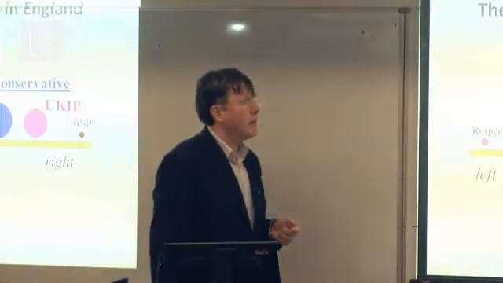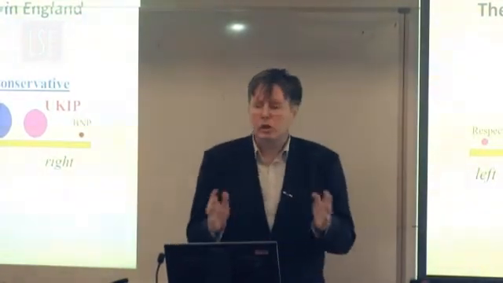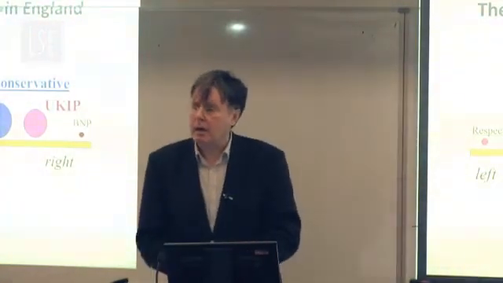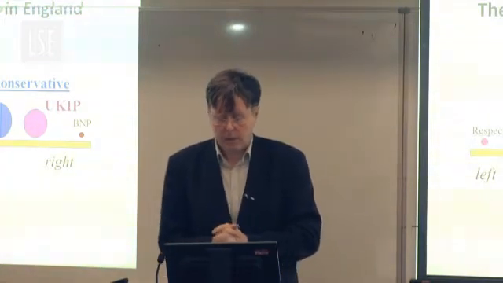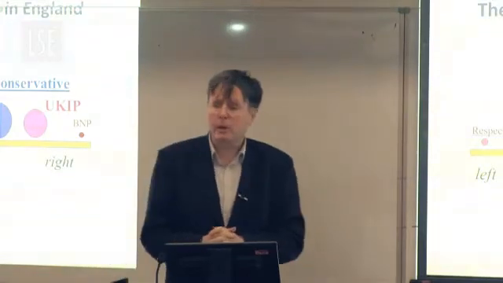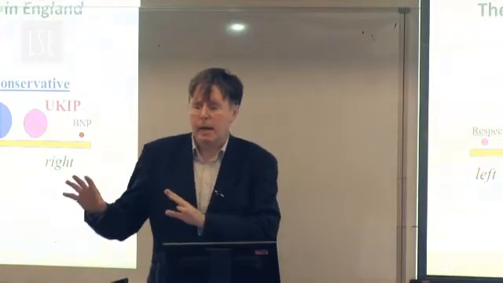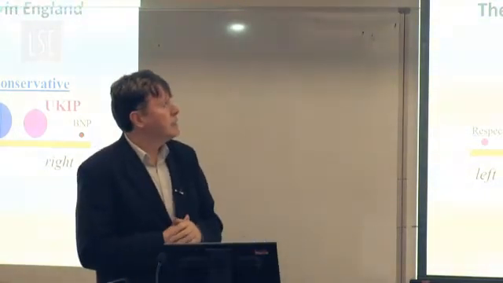And we have a larger and at the moment surging alternative right-wing party, the UK Independence Party, which creates an immediate structural problem for the Conservatives, that they have enemies on the right and enemies on the left, and they can't easily cope with them.